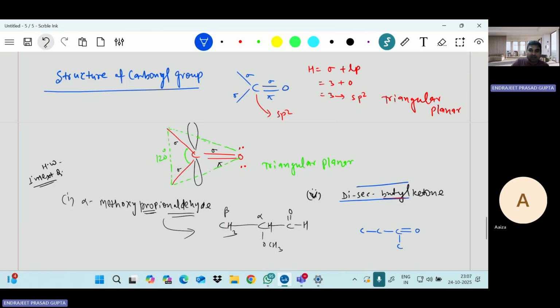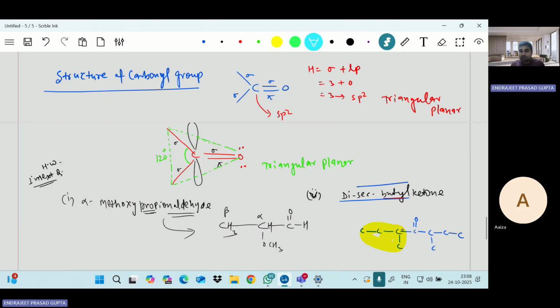But here it is written di-secondary, so you have to write another secondary butyl group of the same type on the other side of the carbonyl.